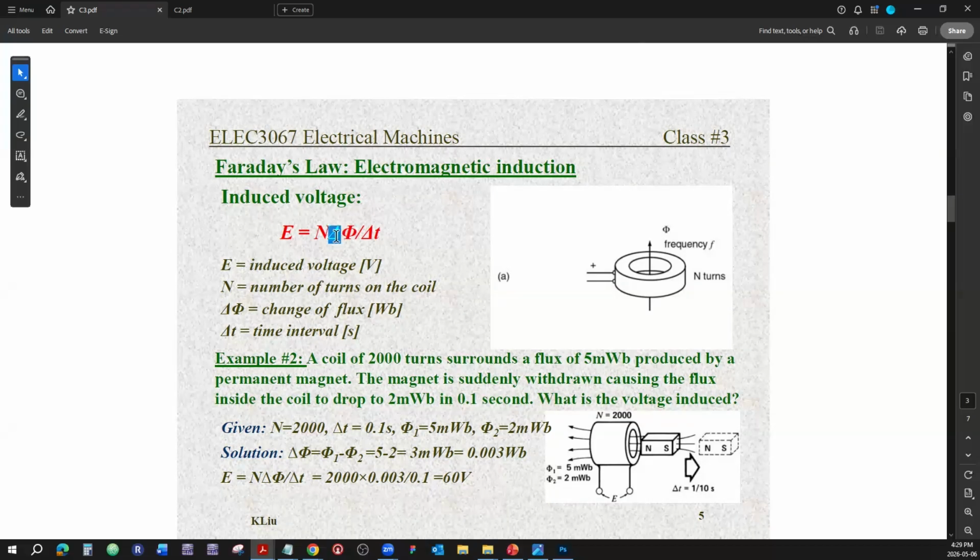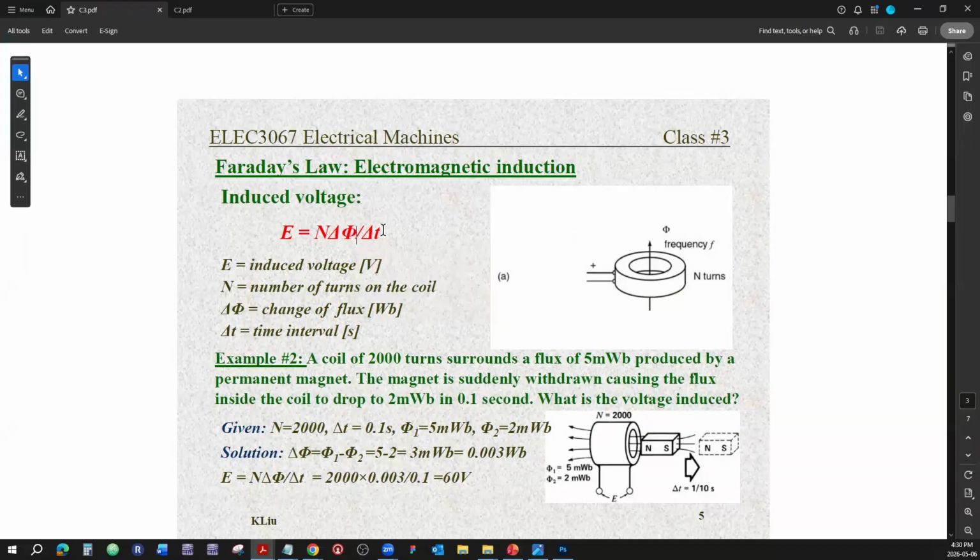There's that Greek letter phi for flux. That delta represents change. So change of the magnetic field over time is going to induce voltage. The more turns we have, the more voltage we're going to have. The more change we have, the more voltage we're going to induce.